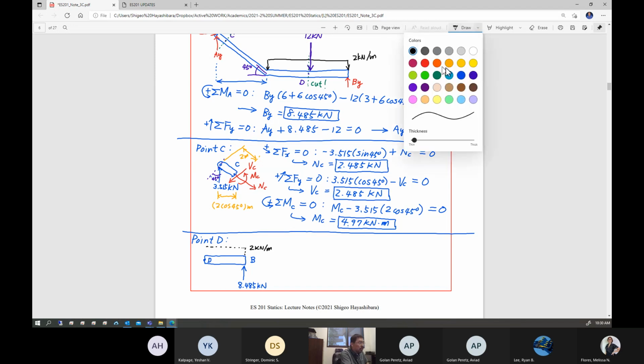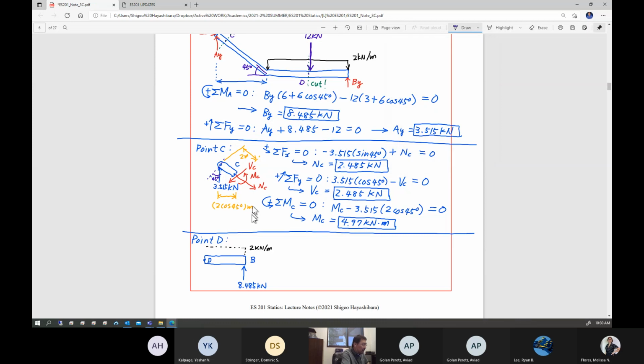So you're going to recalculate the resultant force over the length of 3 meters of this distributed loading. Because this is only 3 meters, this is 2 times 3, 6 kilonewton. The 6 kilonewton resultant force is acting at 1.5 meters measured from location B or D, either way.